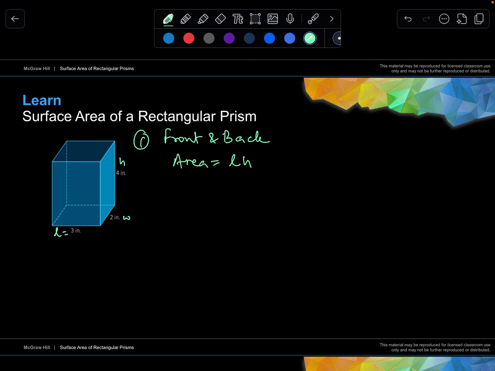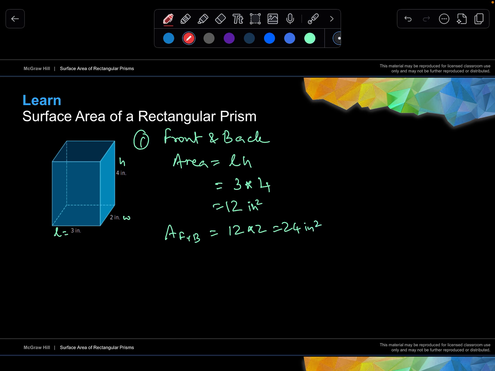So the area of each of the front and back is length, 3, times height, 4, which is 12 square inches. So front plus back is 12 times 2, which is 24 square inches.